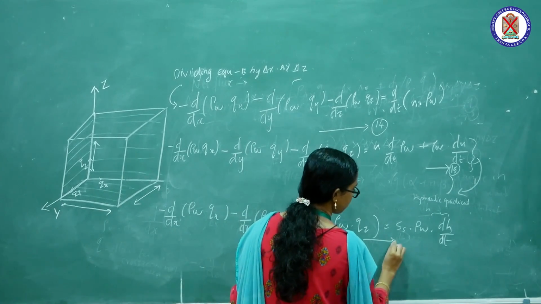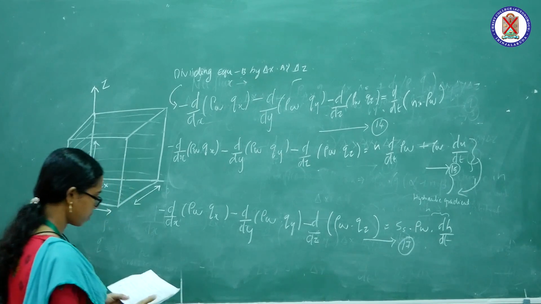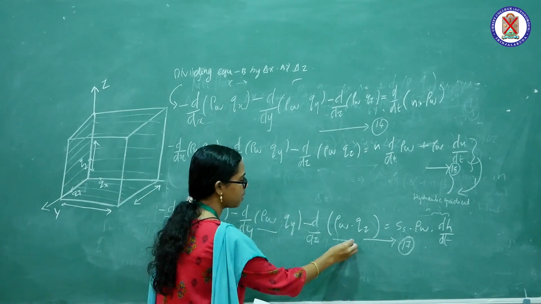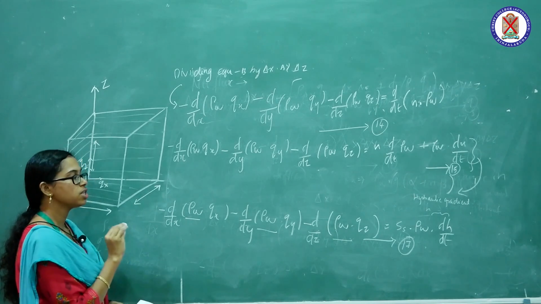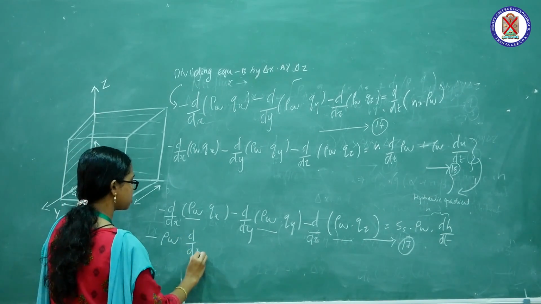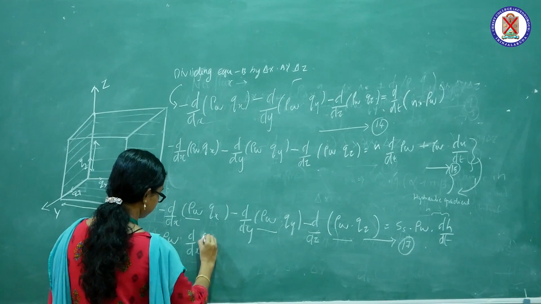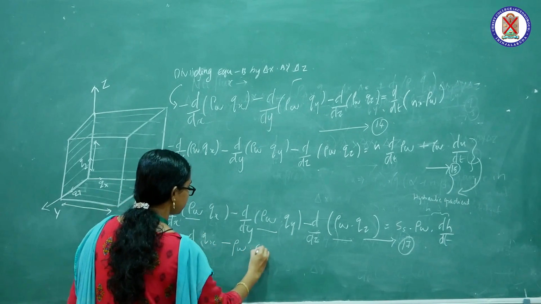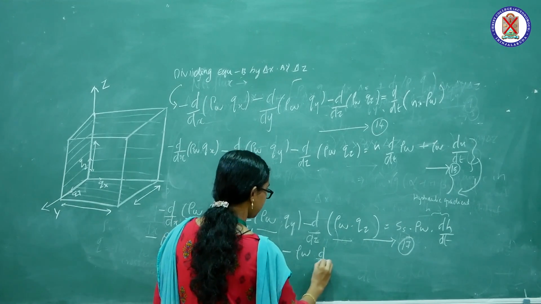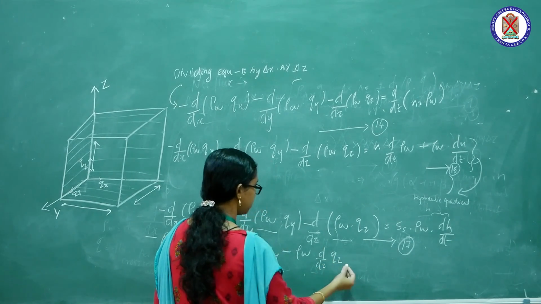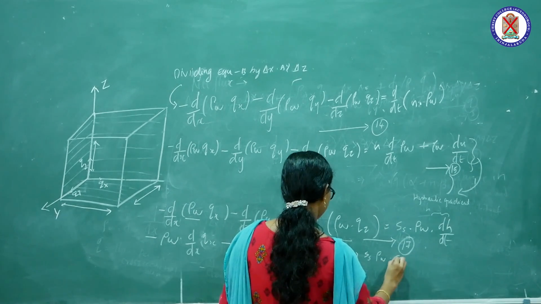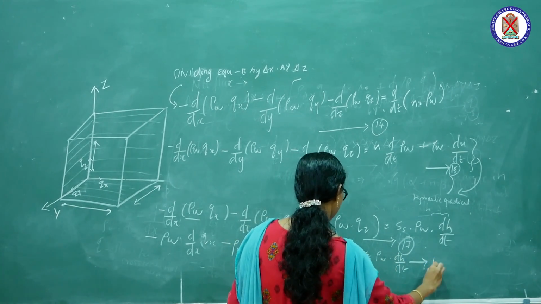Hence we will get equation number 17. And next, in this equation number 17, we know that rho w is a common factor, so we can rewrite equation number 17 as minus rho w into d by dx of qx minus rho w into d by dy of qy minus rho w into d by dz of qz, which is equal to SS into rho w into dH by dt, which is equation number 18.